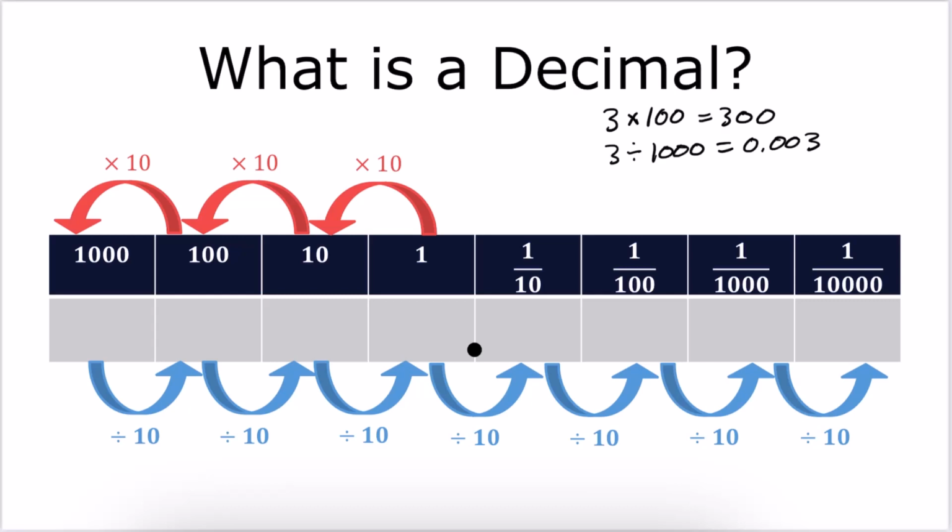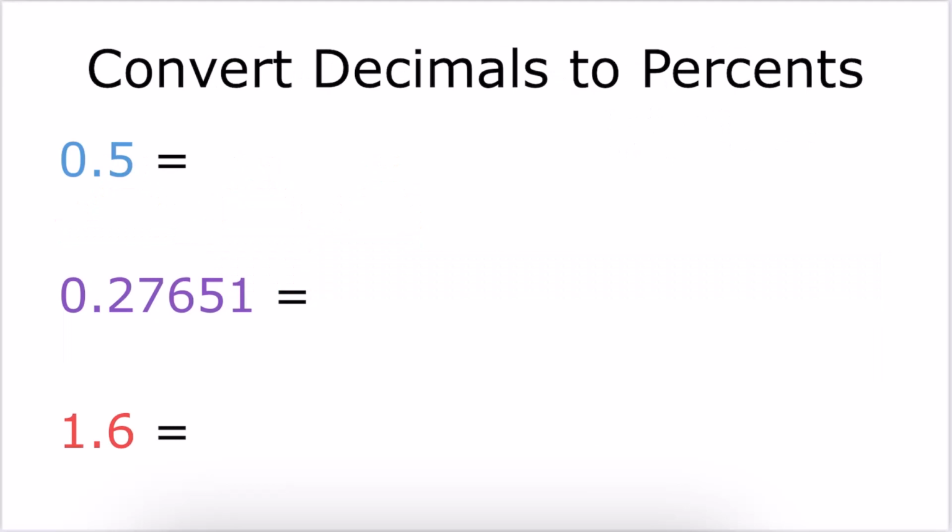So this is going to be relevant when we are converting decimals to percents. Because if I look at the decimal 0.5 and I want to write this as a percent, remember a percent is just a special fraction that has a denominator of 100. And the decimal 0.5 is the same thing as 5 tenths because the 5 is in the tenths place.